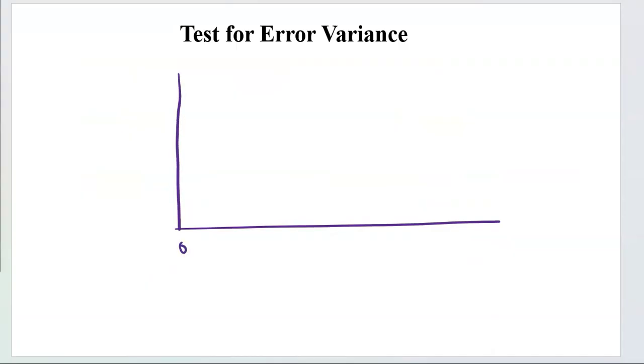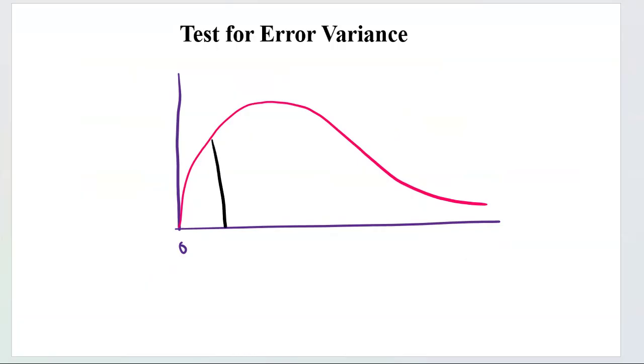Diagrammatically, a chi-square distribution will look like this. This is 0. The shape will be like this, and then it will go like this. A longer tail towards the higher values of x will give you a chi-square distribution. And the critical regions will be like this, here and here.